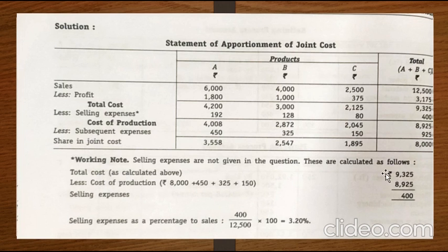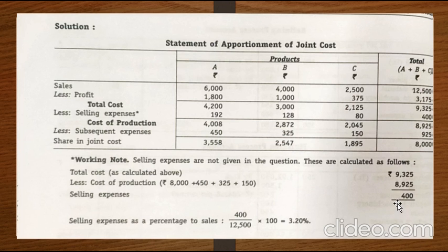So the total cost as per the table we have prepared, less cost of production as per the calculation, which is 8,925, will give you selling expenses, which is 400. So selling expenses is 400.